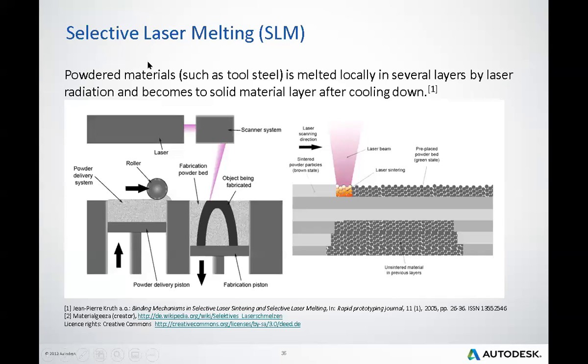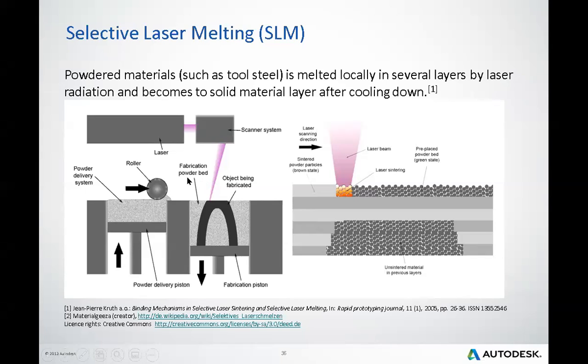Okay, what is selective laser melting? I can explain from the left side. We can see the powder delivery system. This piston will push the powder up, and then the roller will take the powder to the next chamber.